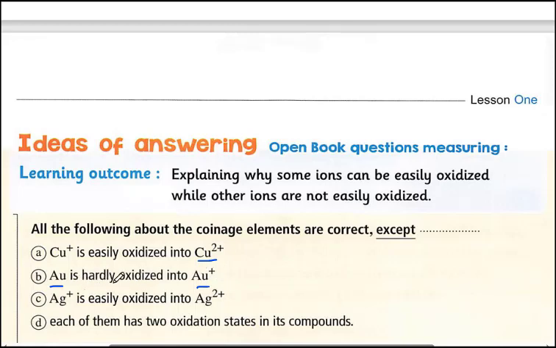So leaving only 1 electron, it is very easy for gold to be oxidized to gold positive 1. Silver is easily oxidized into silver positive 2. The main oxidation state for silver is positive 1, and it is very hard to oxidize silver into silver positive 2. So this is the wrong answer, and this is the answer we will choose.